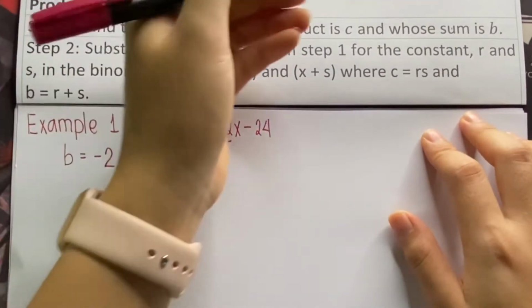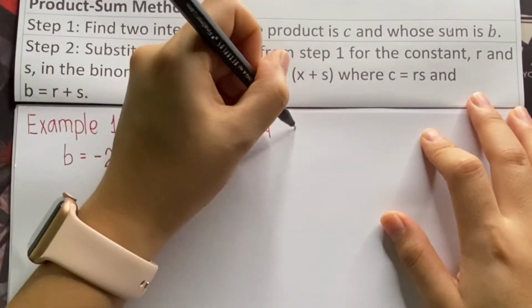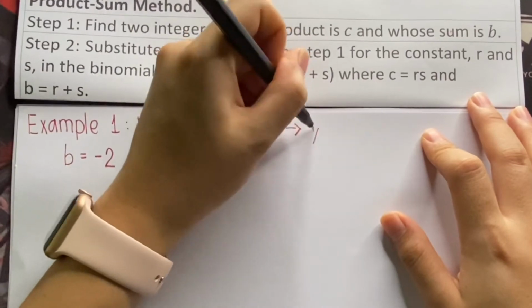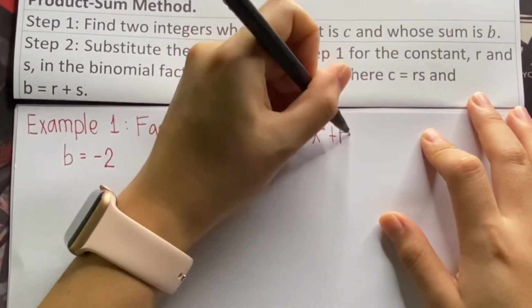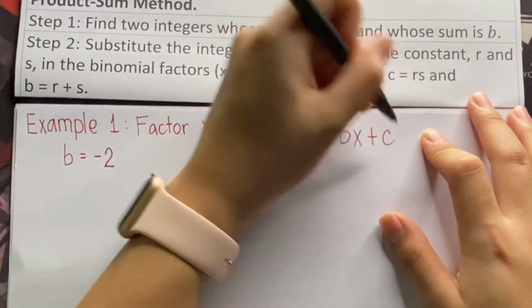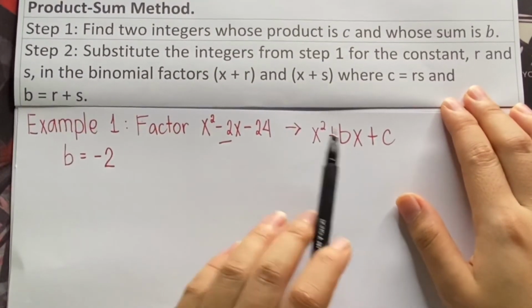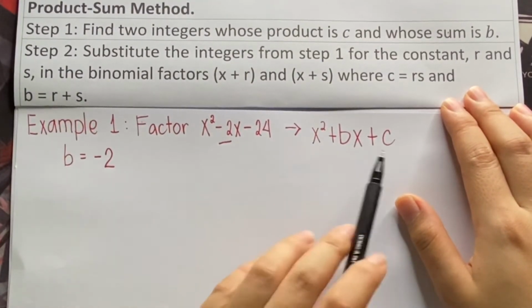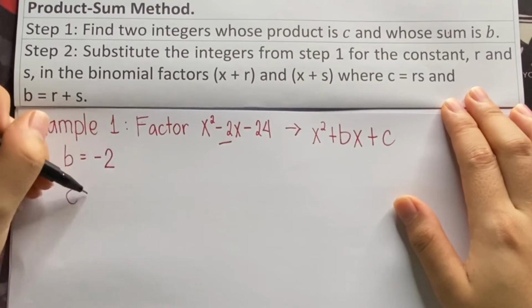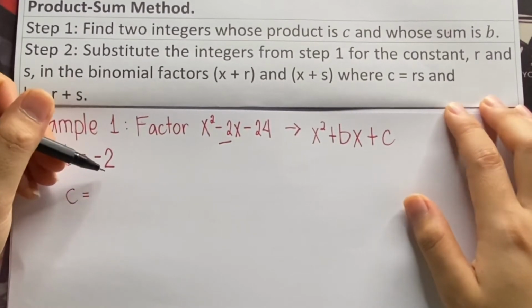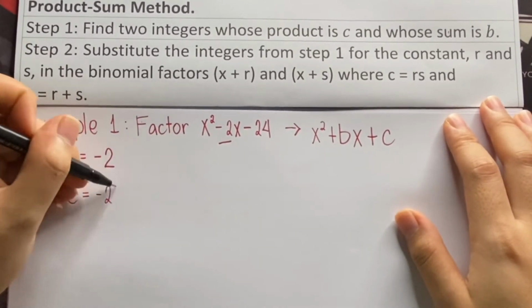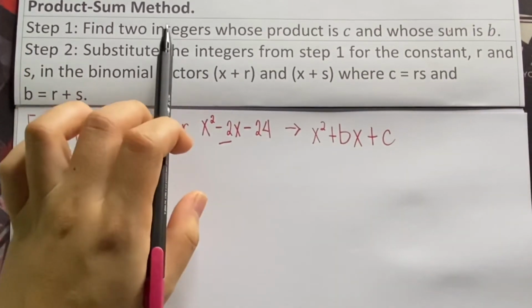Next, ang c ay nasa last term. Okay. Ang b ay nasa second term, so negative 2. Ang c ay nasa third term or nasa last term, so negative 24. Hanap tayong dalawang integer.